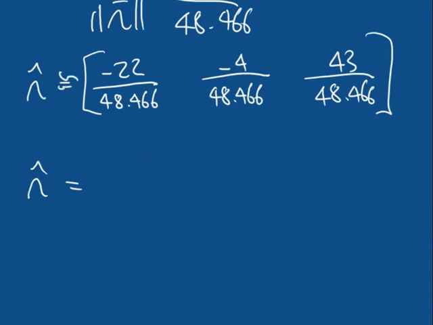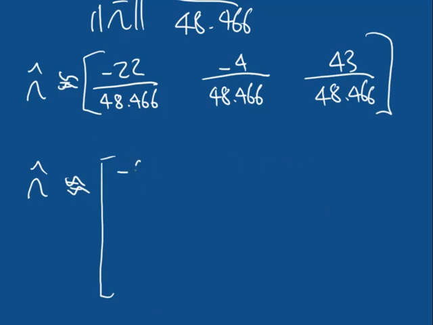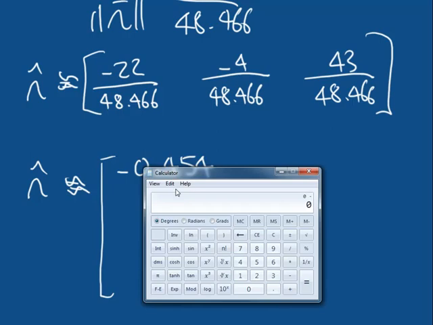So this is approximately, since we approximated this value, this is also approximate. So minus 0.454 in x. In y, it's minus 4 divided by 48.466, which is minus 0.082, which we can round to 0.083, and that is a negative.